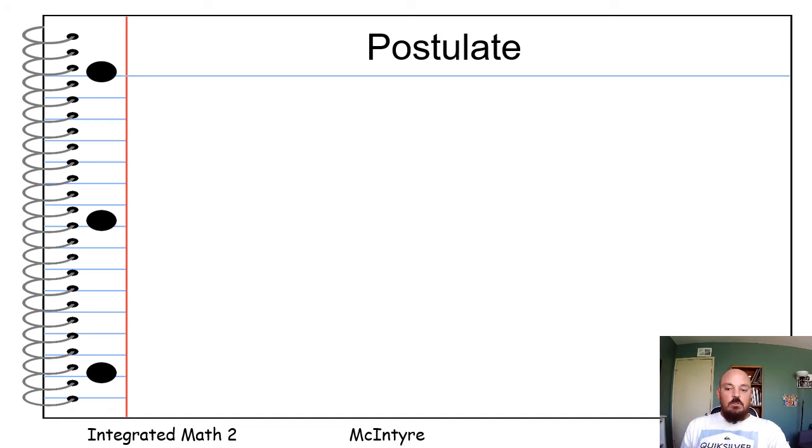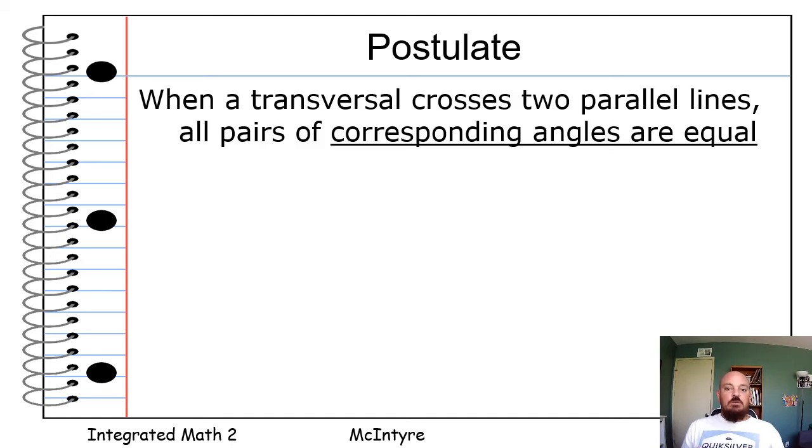So we're going to learn between today and part 2 for these notes a theorem or a postulate, basically a math rule about each type of angle. Now we're going to do one today and then the rest in part 2. So here's the only math rule that I'm going to teach you guys for today. And it's about corresponding angles.